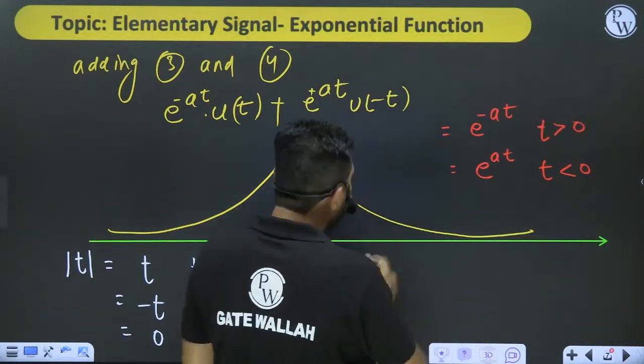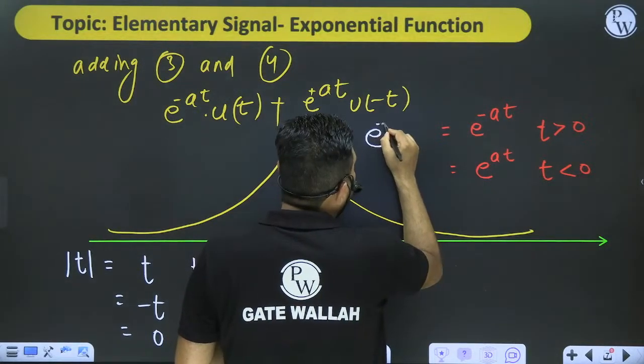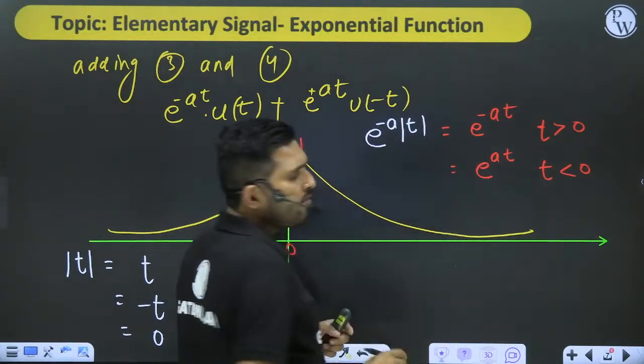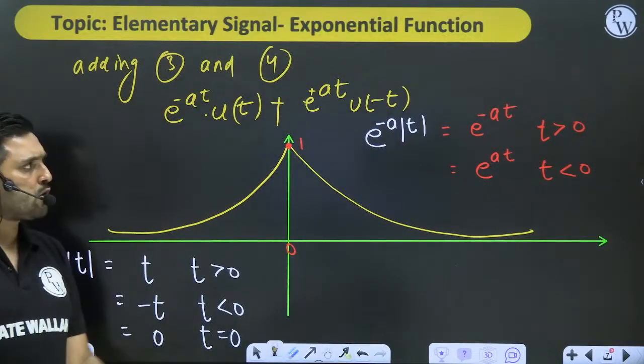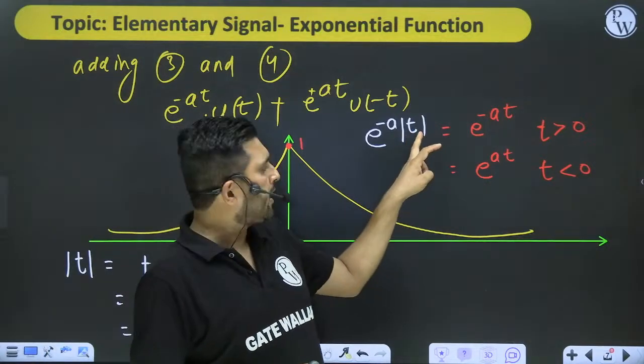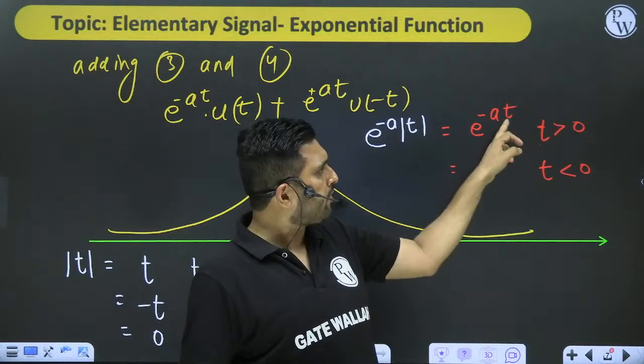So don't you think I can write this as e to the power minus a mod t? The question is, will it fit my definition? If t is positive, mod t is t, so it is e to the power minus at.